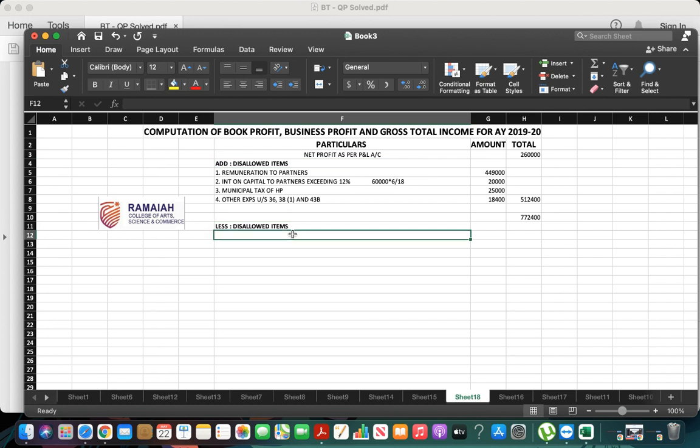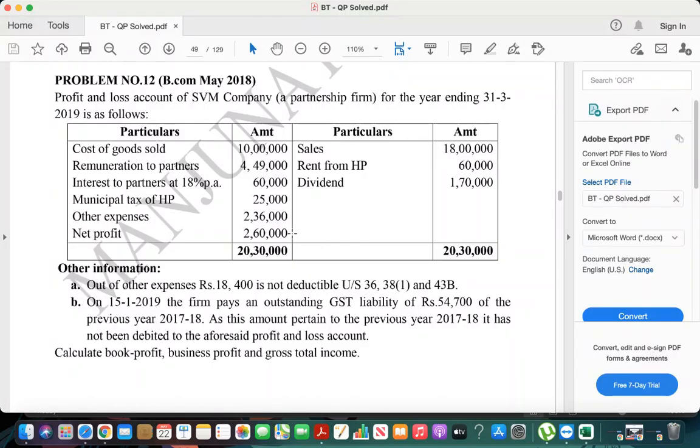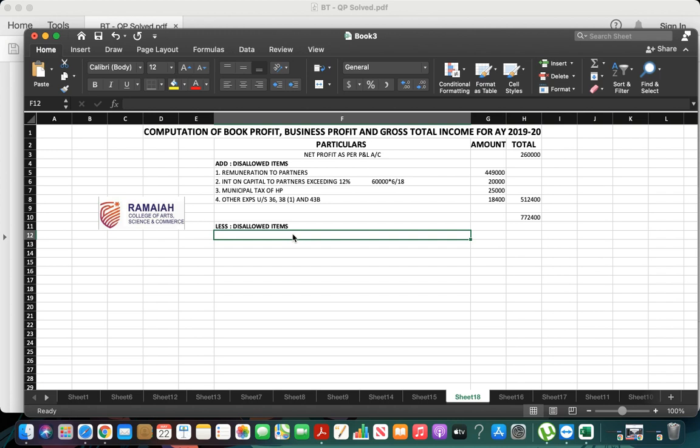Now we have to go by the credit side one by one. Number one, sales. Of course, sales belongs to business. Next, rent from house property. It belongs to another head, so it is disallowed.